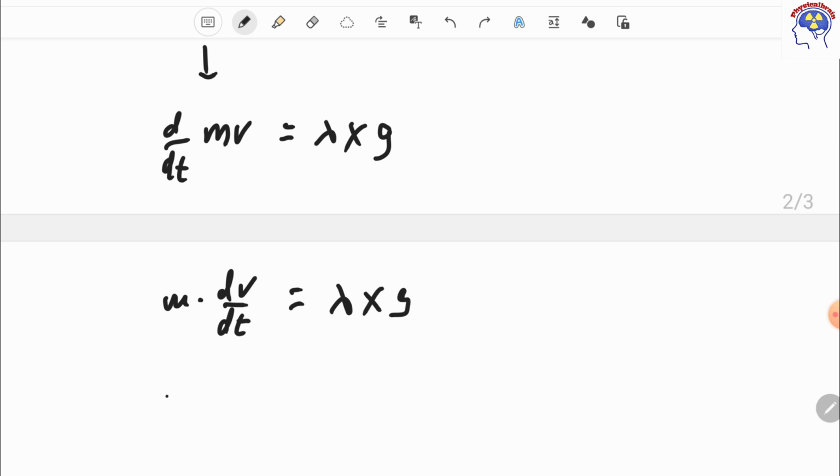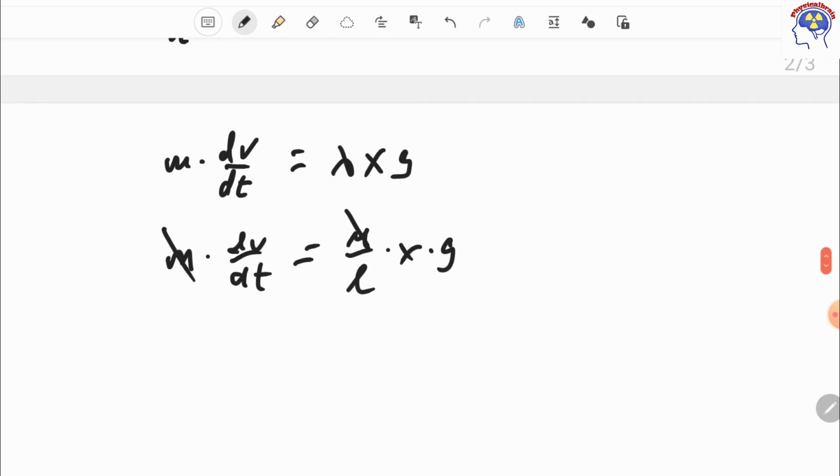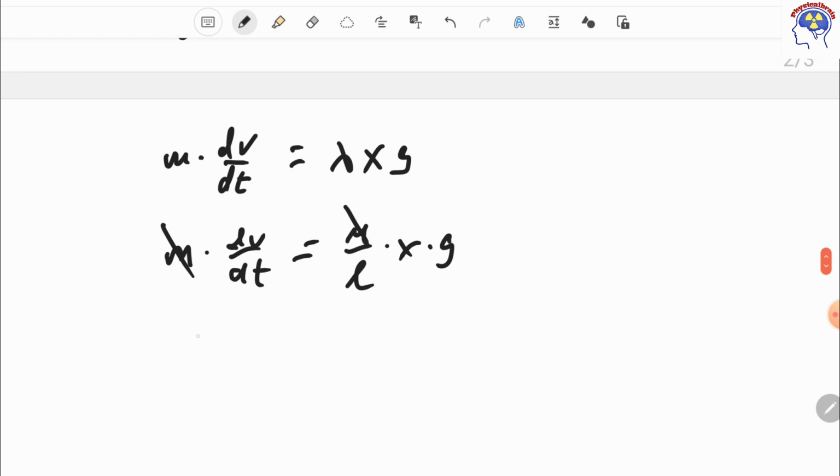We can open lambda, and m goes away on both sides of the equation. We get dv equals g/L times x dt.